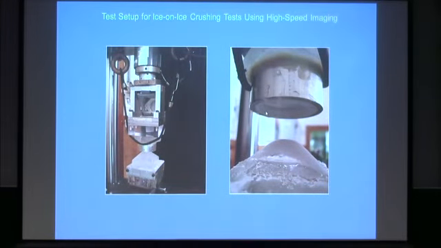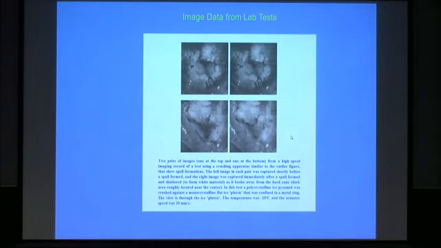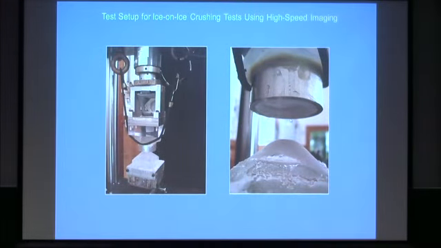Ice on ice. If you crush ice against ice, what happens? It turns out that this is an experiment where we have a flat ice feature in this confining ring, and we have a sort of pyramid-shaped piece of ice that's going to crush against that.